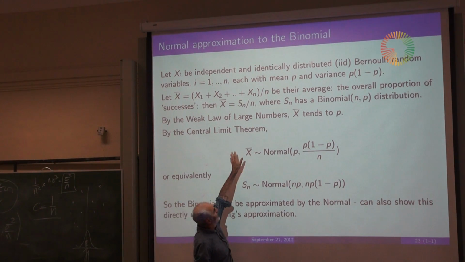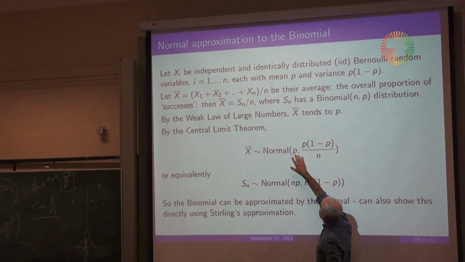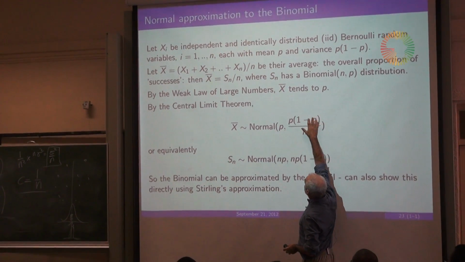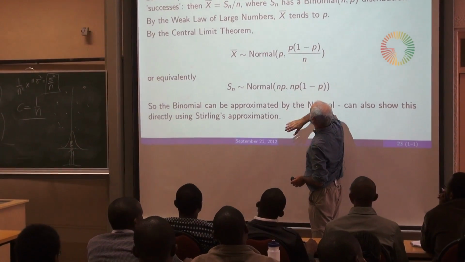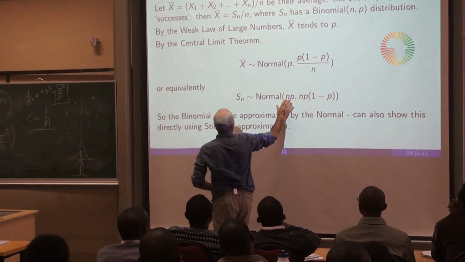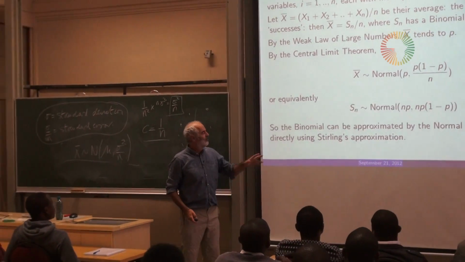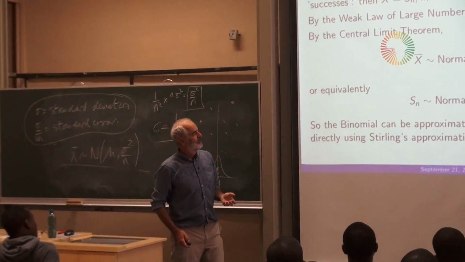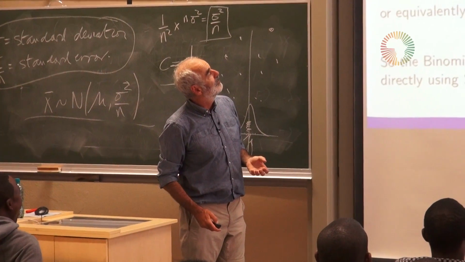But we know by the central limit theorem, this will have an approximate normal distribution with mean p and standard error the square root of p times 1 minus p divided by n. Or equivalently, this is an approximation to the normal. You can show this directly if you want, using Stirling's approximation. Okay, nearly at the end of the boring bits.